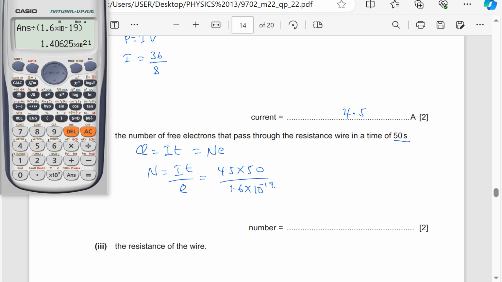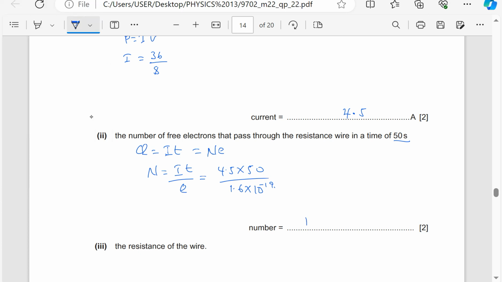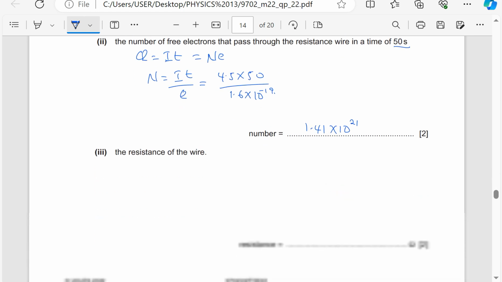So this is giving me 1.41 times 10 to the power of 21, the resistance of the wire. So we want to find the resistance.